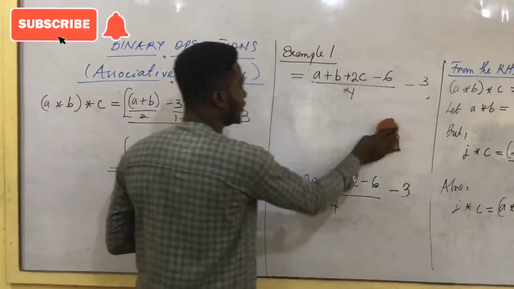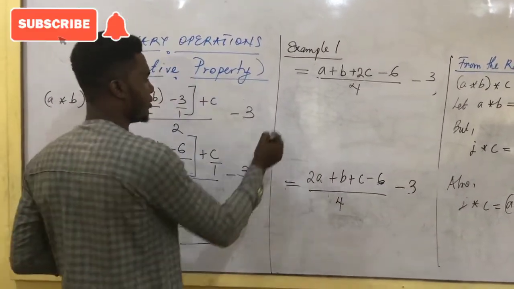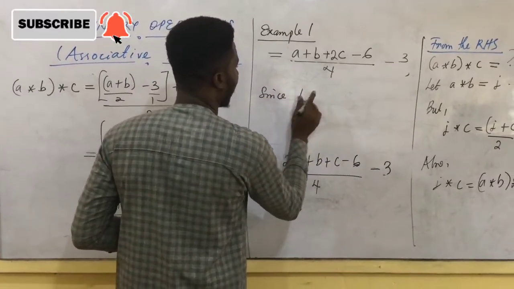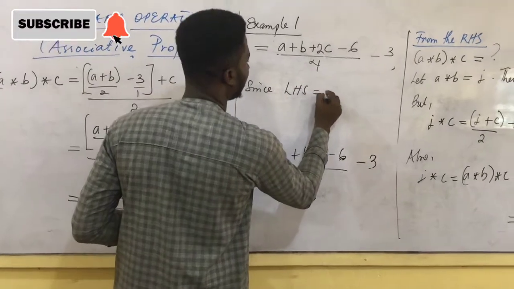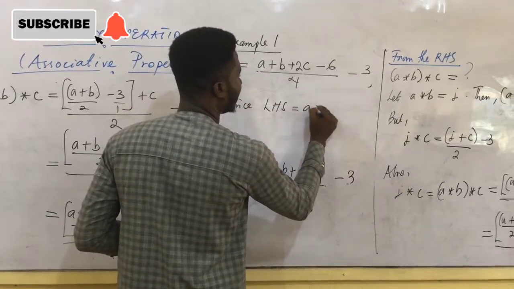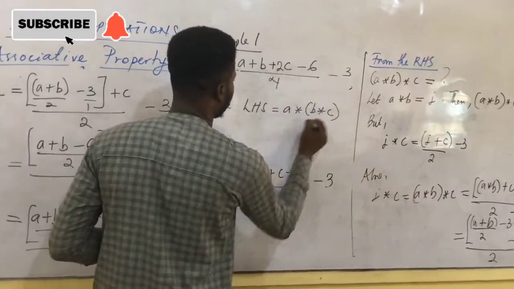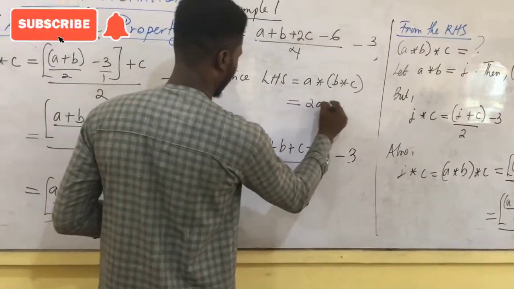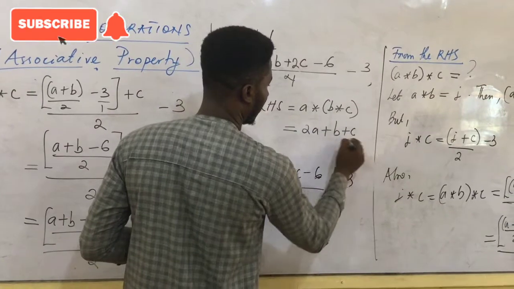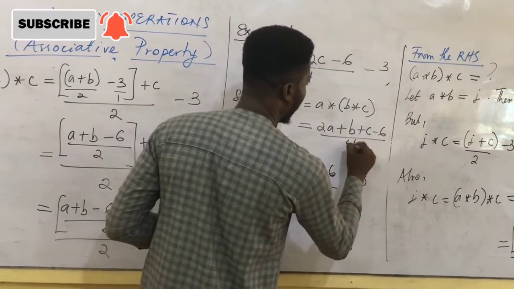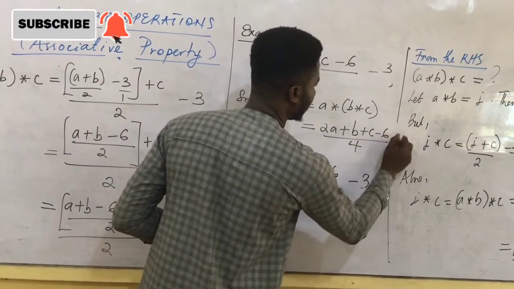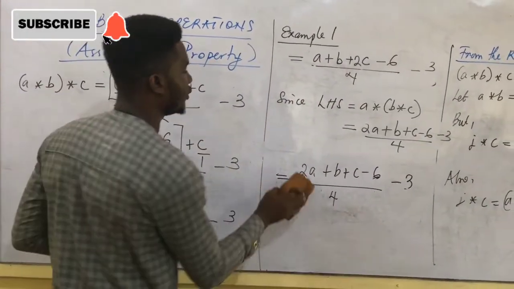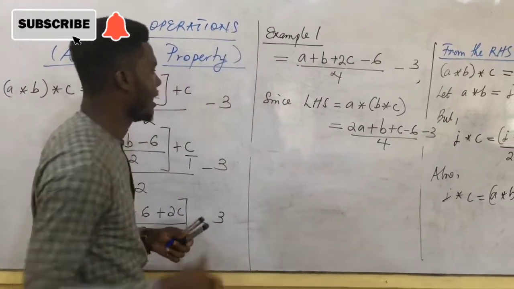The conclusion therefore becomes this. Since left hand side, which was A asterisk (B asterisk C), equals (2A plus B plus C minus 6) all over 4 minus 3. Okay? That was the result we obtained for the left hand side.